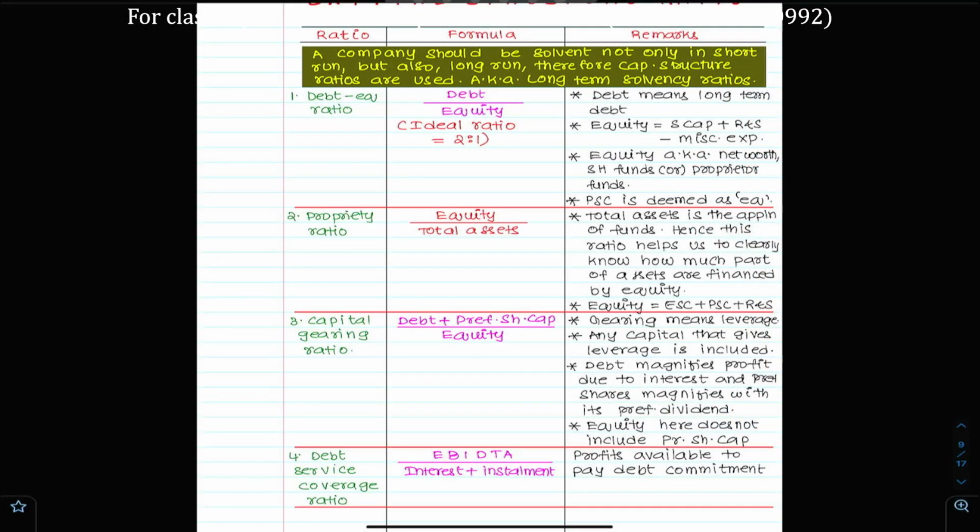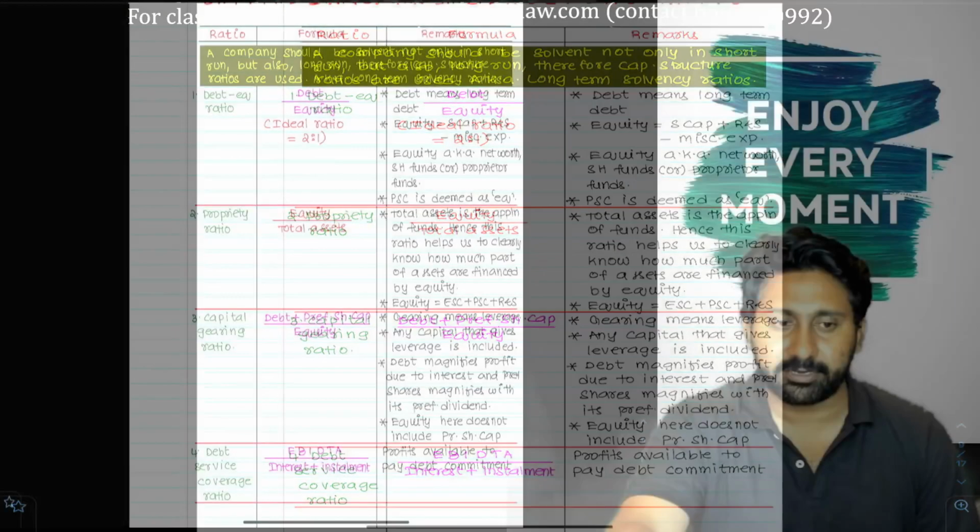If not, you can also take a snap. If you don't complete, at least pause the video and see it.